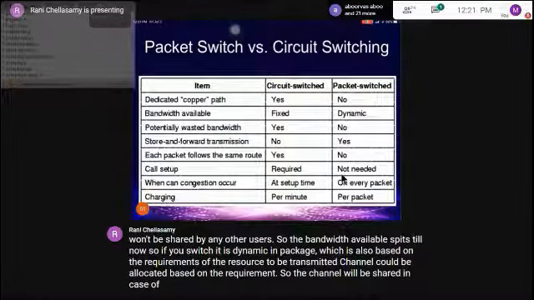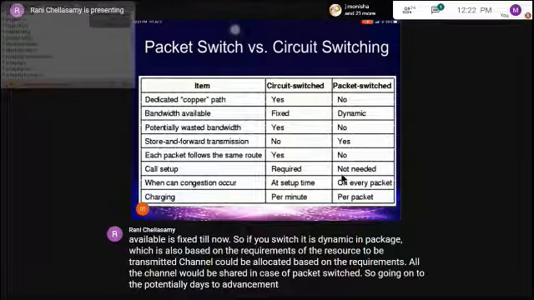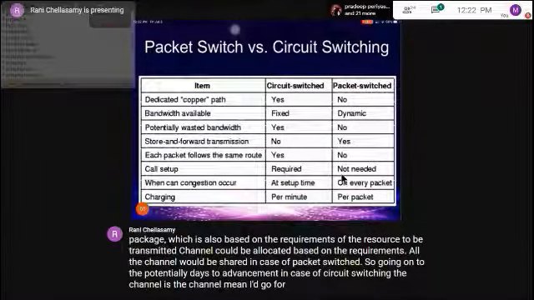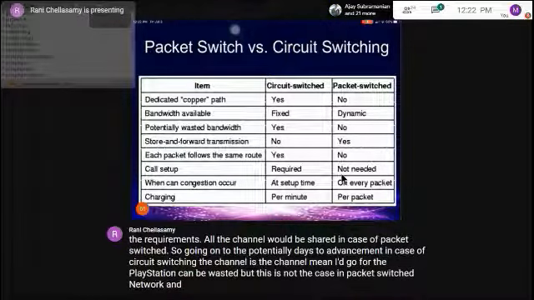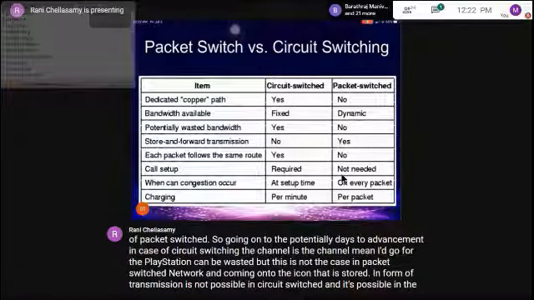Coming to potentially wasted bandwidth, in circuit switching the channel might go unutilized and be wasted, but this is not the case in a packet switched network. Store and forward transmission is not possible in circuit switching, and it is possible in packet switching.